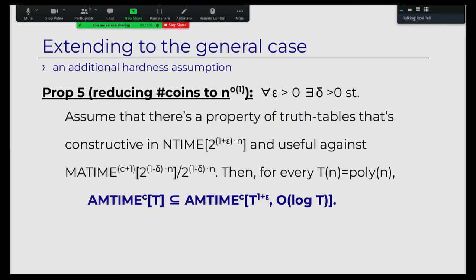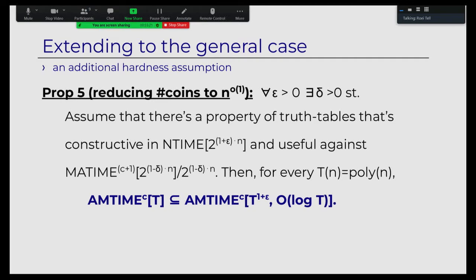And moving to the general case, because this was of course the easy case with few random coins, we just need an additional hypothesis to reduce the number of random coins in every AM protocol. And this is a hypothesis along the lines of things that Ligia mentioned before.